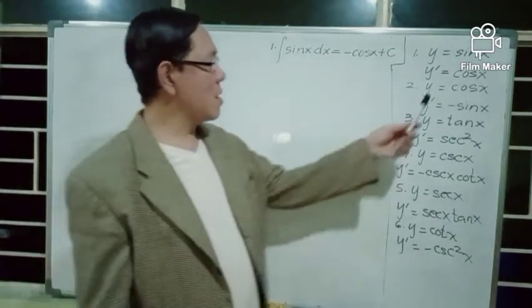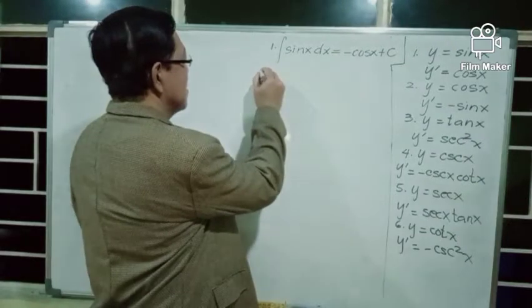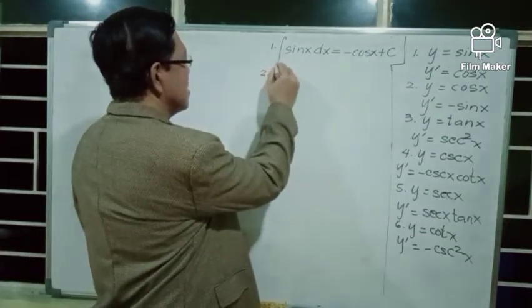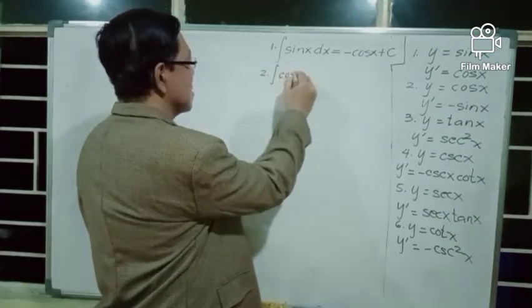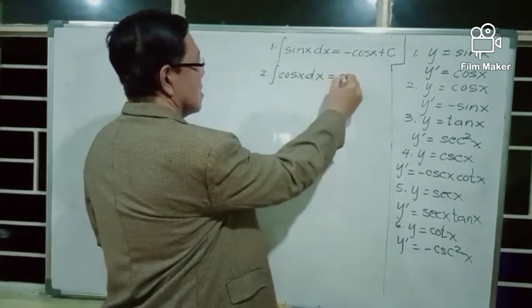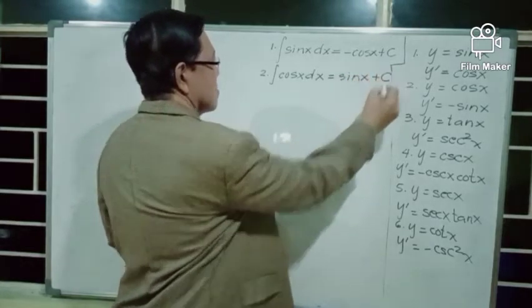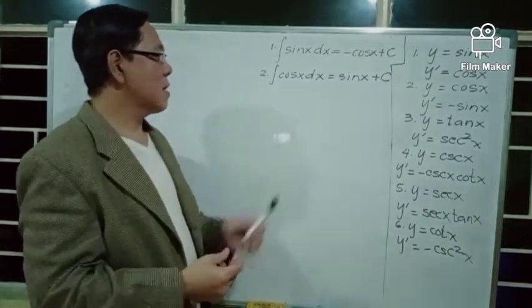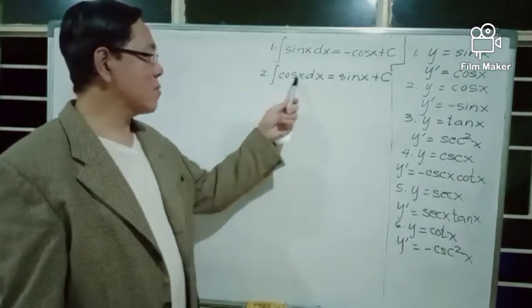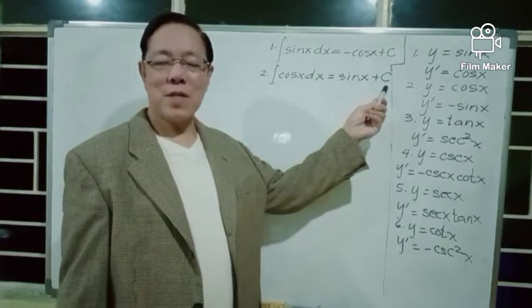Next, the integral of cosine x with respect to x is sine x plus c. The integral of cosine x with respect to x is sine x plus a constant of integration c.